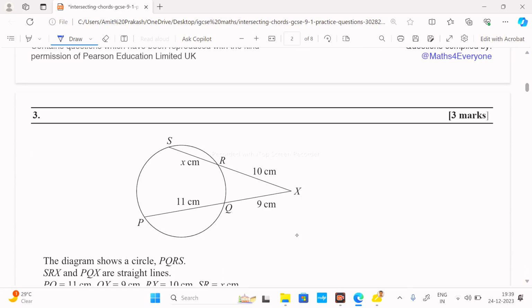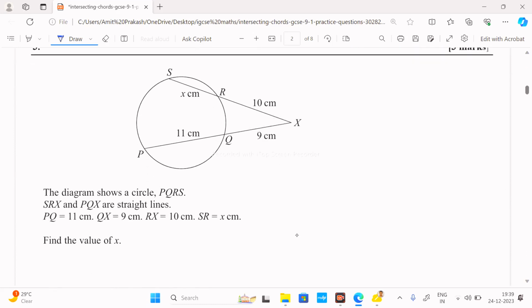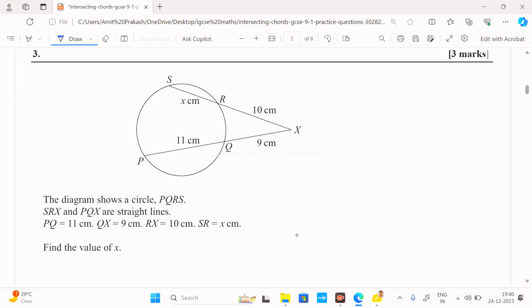Now we have another example. This is the example of external intersection of chords. The chords are intersecting each other at point X. The segments are Sx and Rx from X. So we apply Sx into Rx equals Px into Qx. Sx is x plus 10, since Sx equals Sr plus Rx, and Sr equals x and Rx equals 10.